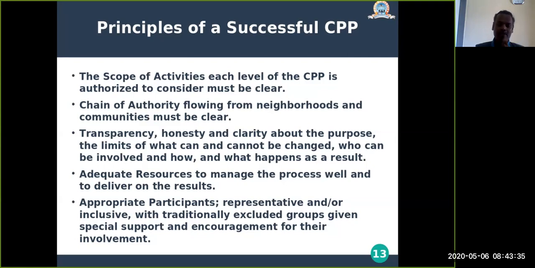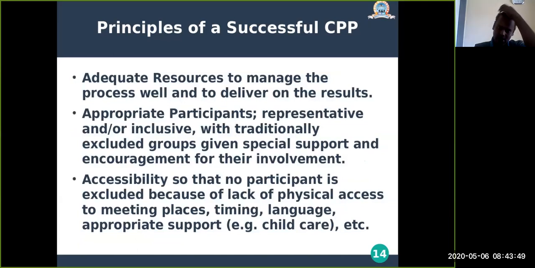Then you need to invite appropriate participants, representative or inclusive of the traditionally excluded groups, giving special support and encouragement for their involvement. The final point I emphasize here is accessibility for all participants; especially the excluded community should be encouraged.